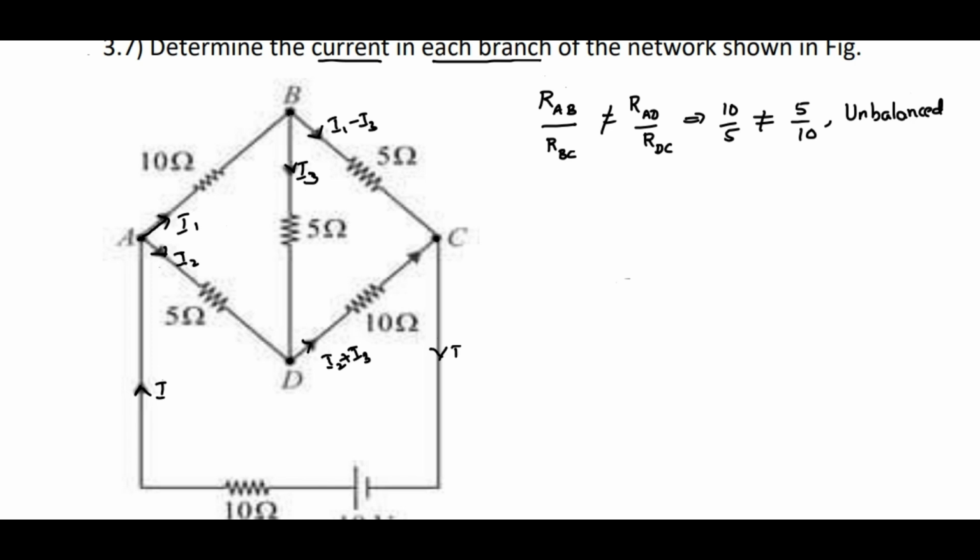Finally, current I comes out from junction C.